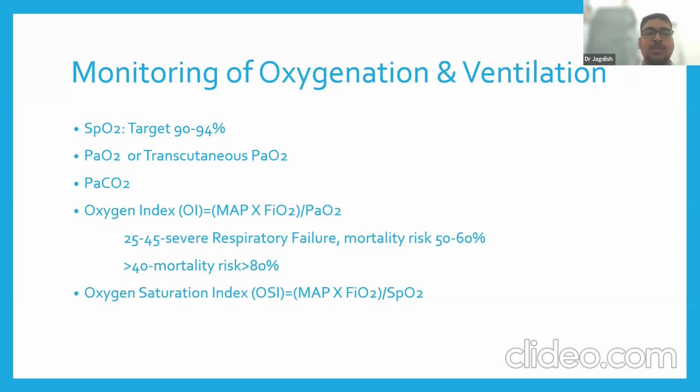And we can calculate the oxygen index, oxygen saturation index. But in current time, we are not doing blood gas so frequently. We rather want to monitor the baby clinically and observe the baby. Blood gas we do only when there is a clinical deterioration, clinical worsening, or the baby is in shock. Then we actually go for blood gas studies.